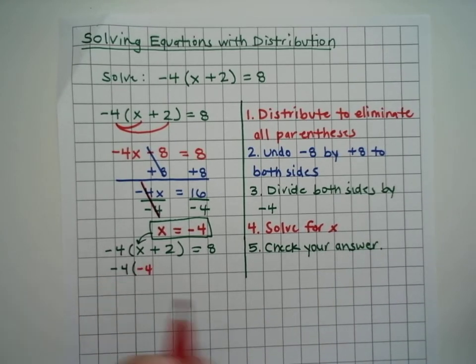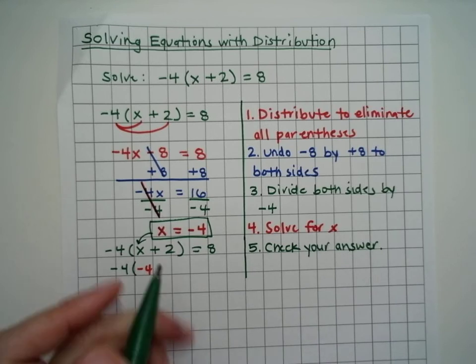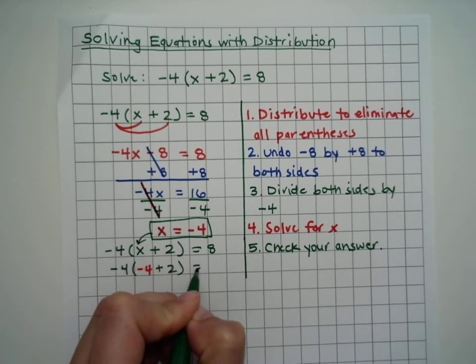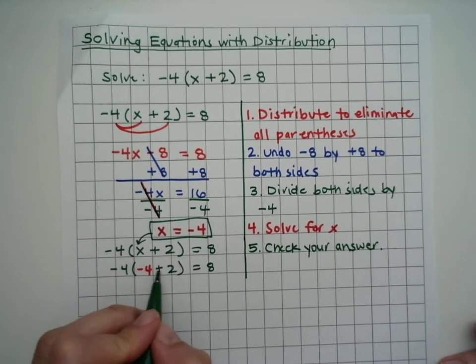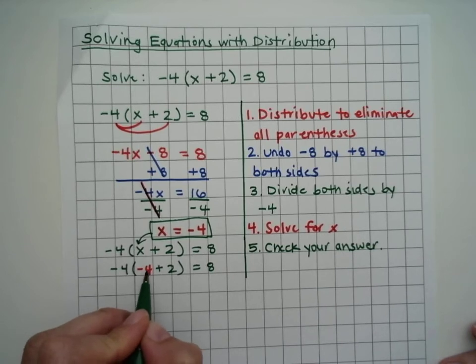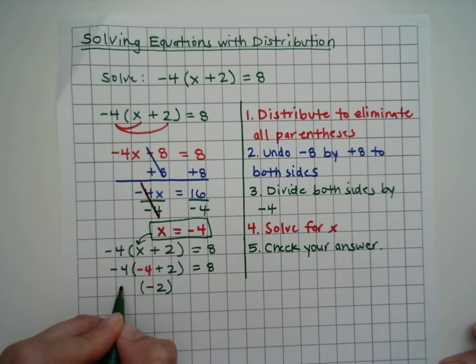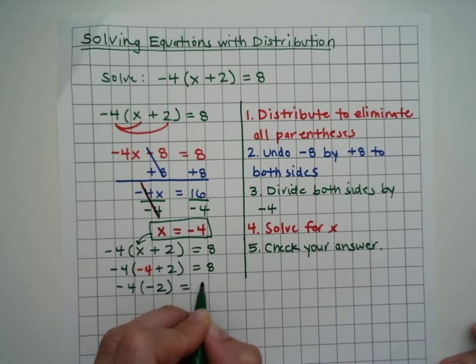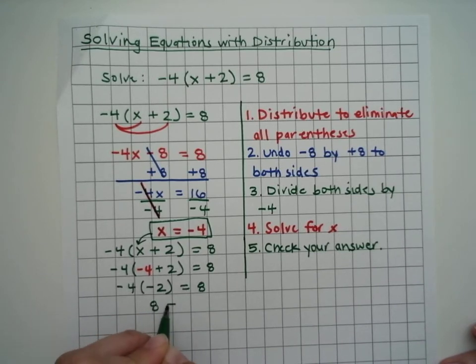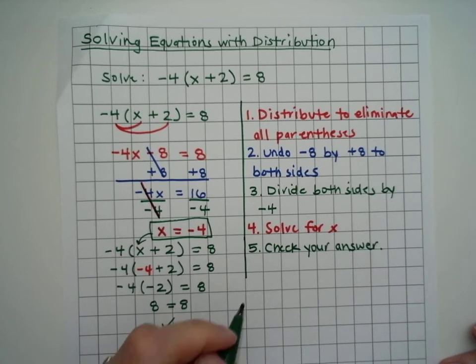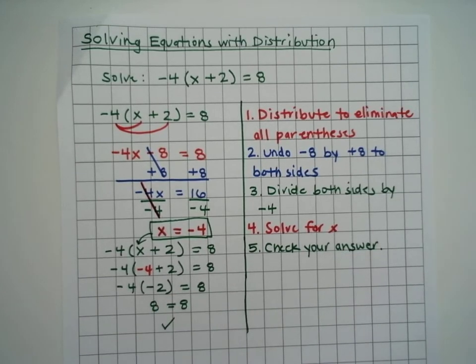So x we think is -4, plus 2 should equal 8. We'll do our parentheses first, so -4 plus 2 is -2, and -4 times -2 is 8, and 8 equals 8. So we know we solved the equation correctly.